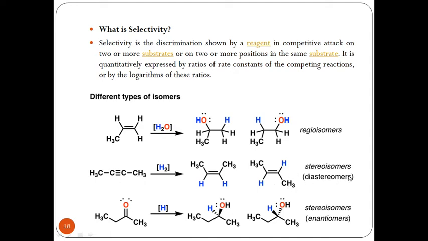In turn, it gives stereoisomers or diastereomers. So again there is a selective discrimination of hydrogen attacking either from the same side, that is from below, to give a cis product, or from the opposite direction across this bond to give a trans product.